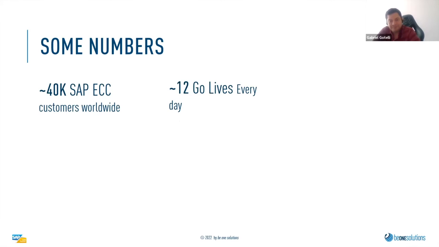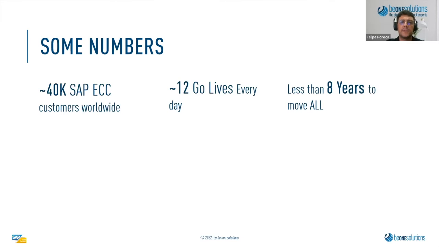You can calculate the remaining days we have until, and I'm being fair here, I'm just putting 2030. We need to go live with 12 customers per day. And here I'm considering the remaining 8 years we have from 2022, where we are, until 2030.